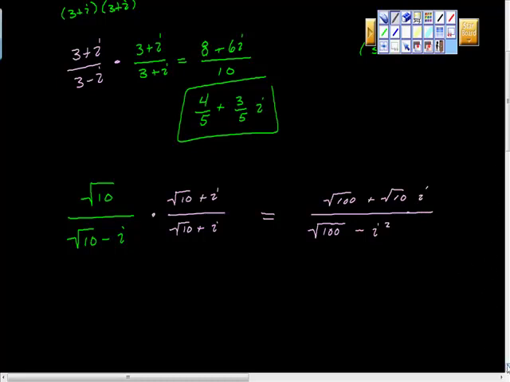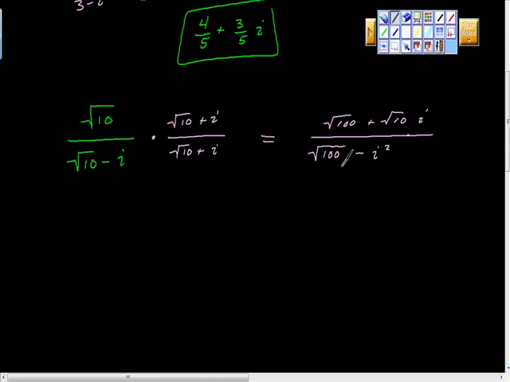I'm going to start to break all this down a little bit and simplify this. Square root of 100 is 10, isn't it? Up here is 10 plus square root of 10 i. That's the top. And then here at the bottom is 10 again.